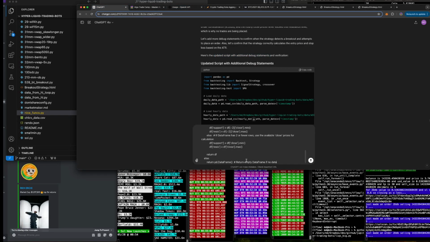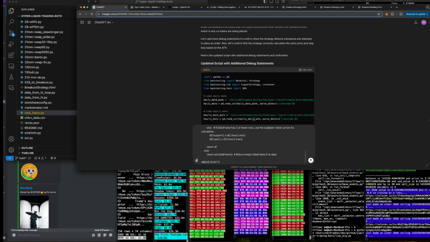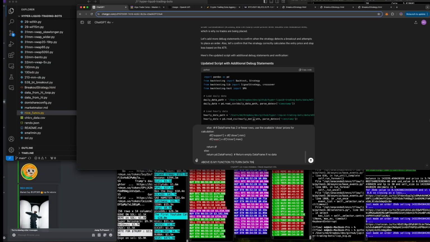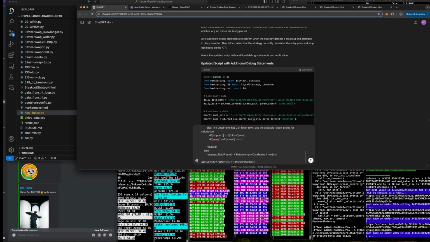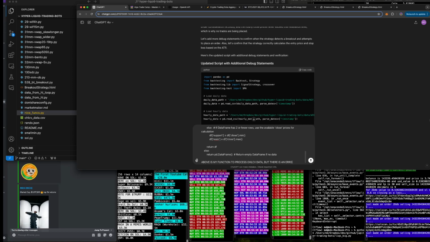ChatGPT, above is my function to process open, high, low, close, volume data. But there is an error.